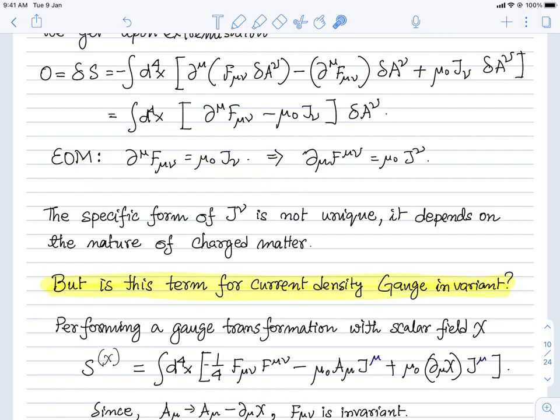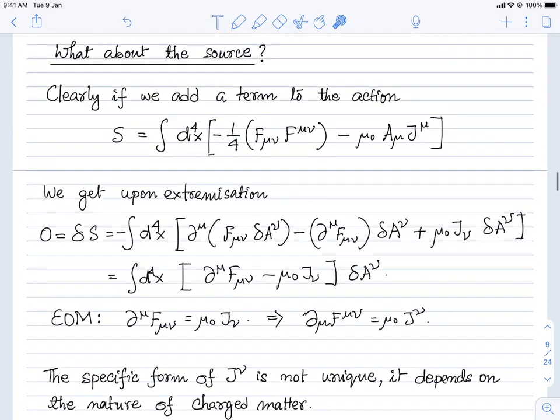But if you think deeply about it, the reason why this del mu j mu is conserved can essentially be traced back to the fact that the Lagrangian must be gauge invariant. This also ties up with a theorem which is due to Noether. It's called Noether's theorem: if you have a continuous symmetry, in this case this quote-unquote gauge symmetry or gauge redundancy, which is like a symmetry because we are trying to implement gauge invariance in the Lagrangian density, then there has to be a conserved charge.